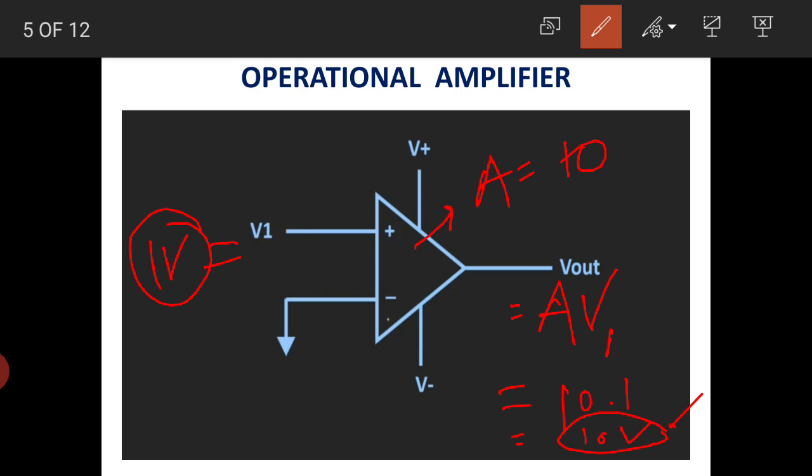We obtained this because the input voltage gets multiplied by the open loop gain, which increases the value at the output side.